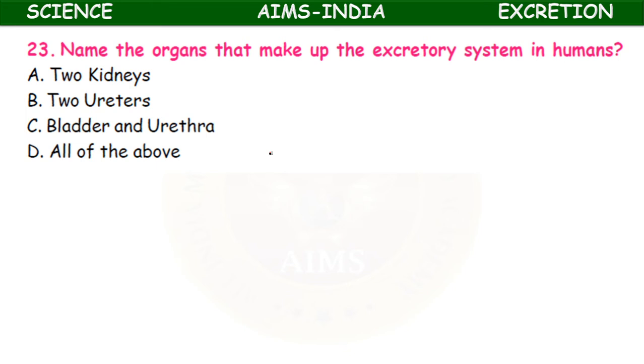Name the organs that make up the excretory system in humans. Two kidneys, two ureters, bladder and urethra, all of the above. So these are all the parts of an excretory system: a pair of kidneys, a pair of ureters, urinary bladder and urethra.